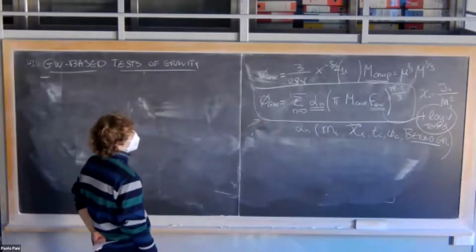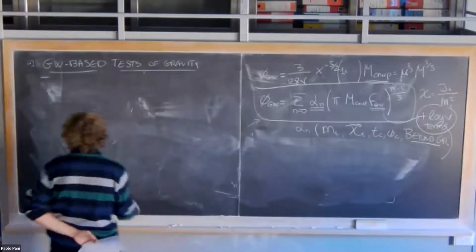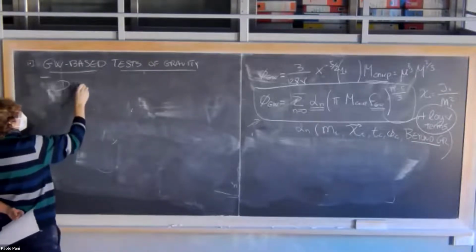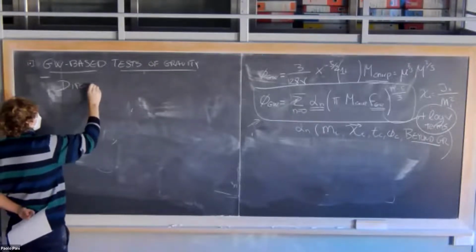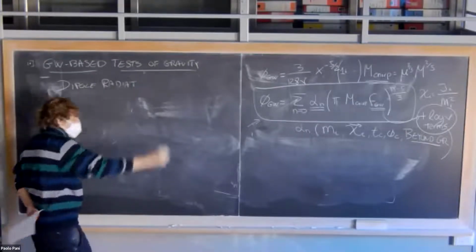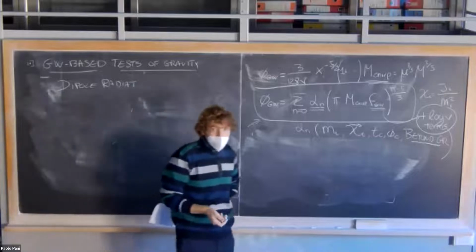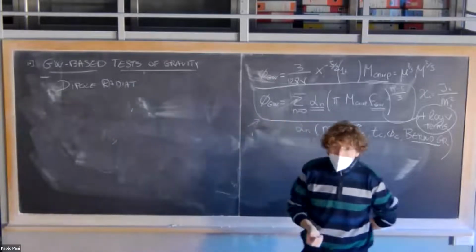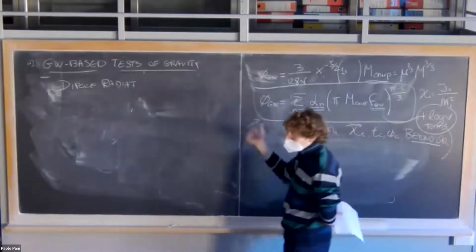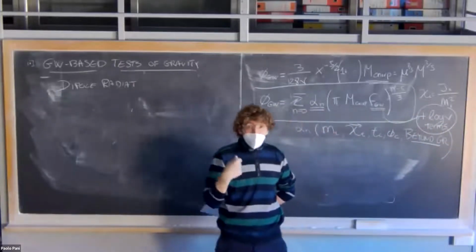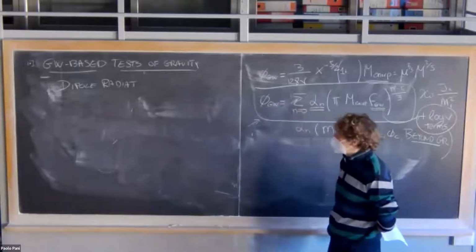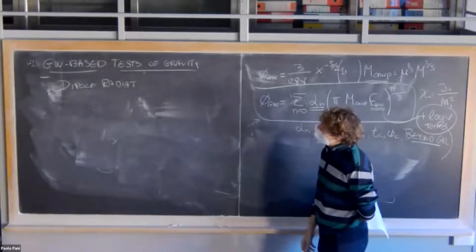Let me start with one of the most important ones, which is dipolar radiation. We know that GR is a quadrupolar theory, and this is why the quadrupole formula I mentioned before tells us that the leading order fluxes are given by derivatives of quadrupole tensors.